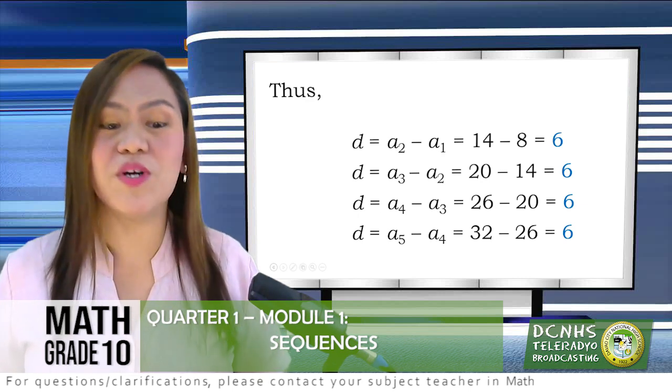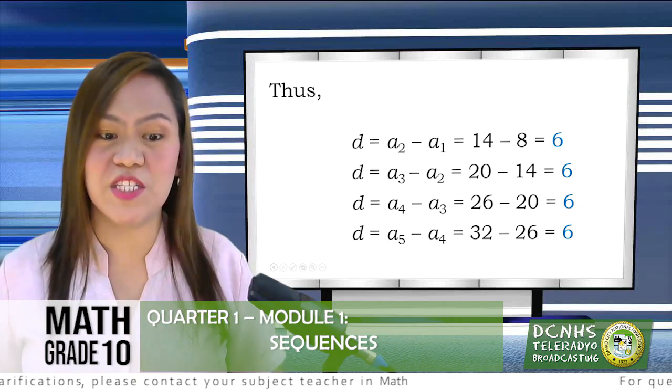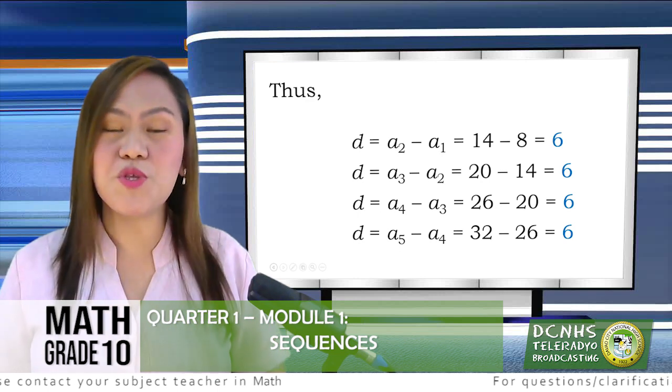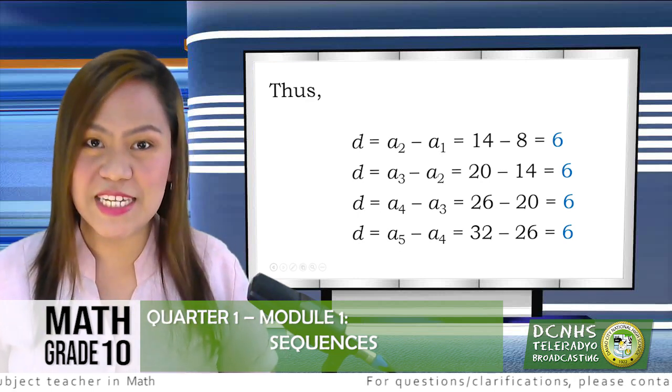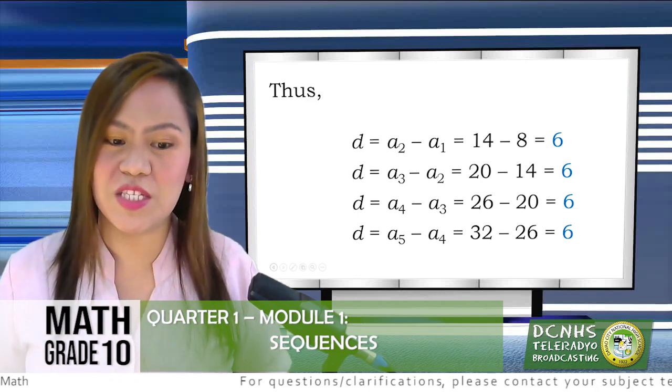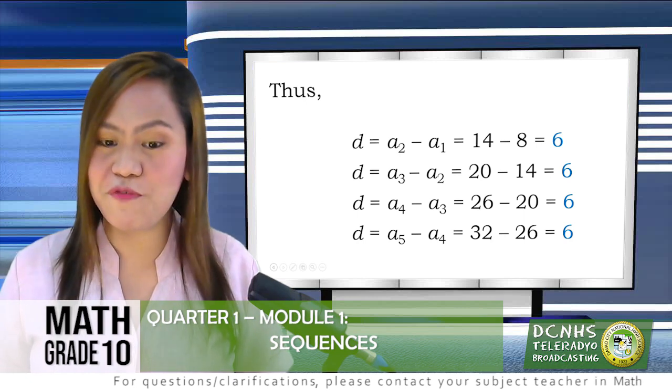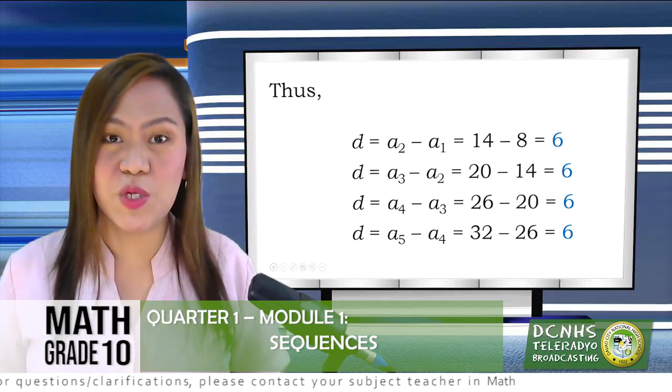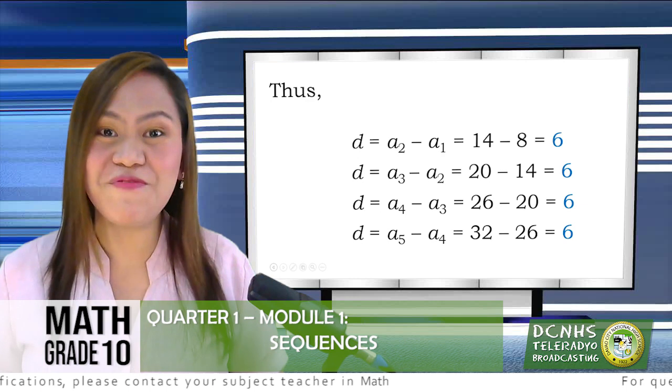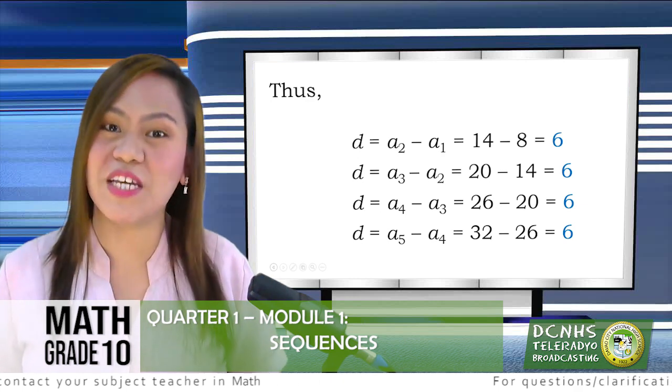And d is equal to a sub 5 minus a sub 4 equal to 32 minus 26, which is still equal to 6. As we can observe, the common difference denoted by d of the given sequence is equal to 6.